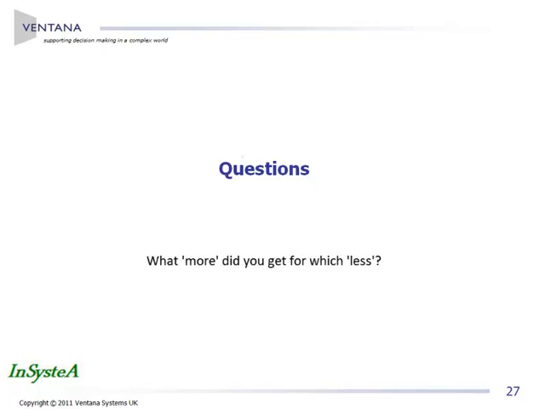What more did you get for which less? Oh, good question. What did the company get? They would be able to make better use of the resources that they had by balancing the resources in a more proactive way rather than reacting. They were very reactive in the way they organised the chain. In fact, when we were developing this model, even the senior directors weren't entirely sure how the system worked. Obviously, we know that. We see that all the time.